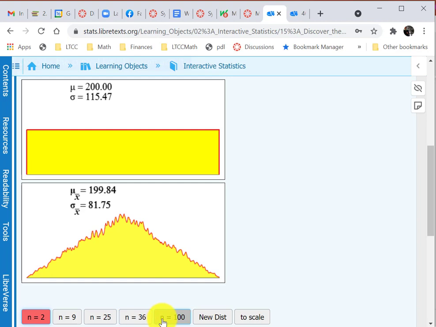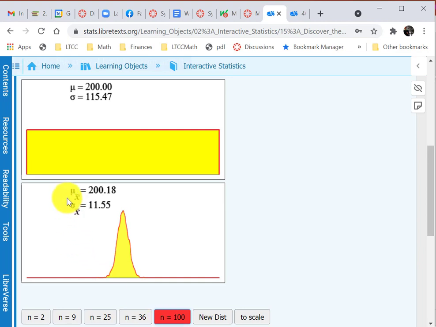How about a bigger one? How about n equals 100? Okay, now things have changed a lot. First thing is the mean of the sampling distribution, mu sub x bar, is still around 200. That really hasn't changed. On the other hand, the standard deviation changed a lot.